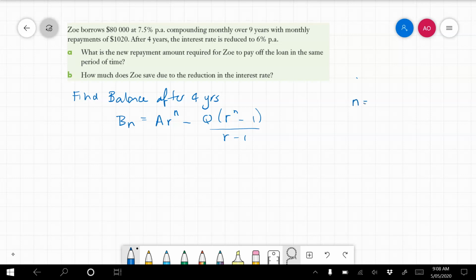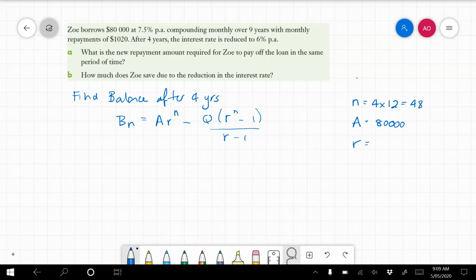N is the first variable I need. The amount we want to know is after 4 years, and it's being compounded monthly, so it's 4 times 12, which gives me 48. A is the amount Zoe is borrowing, 80,000.